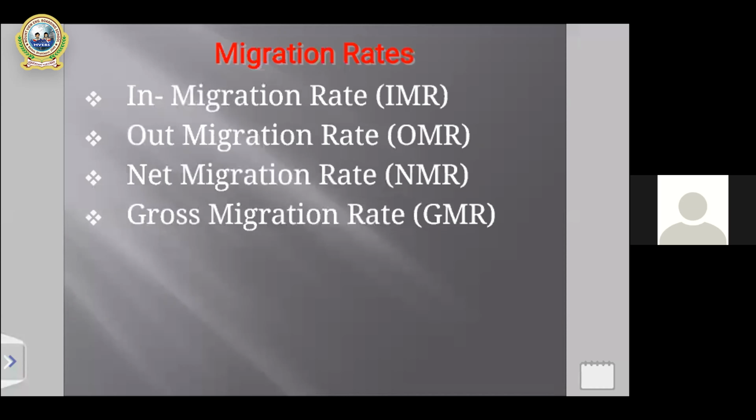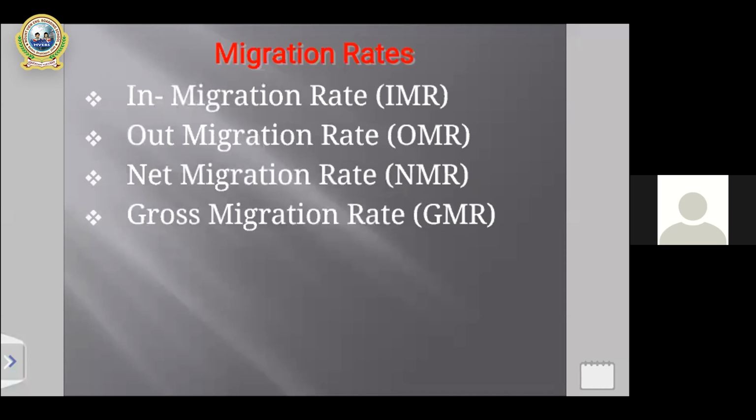On the slide, you can see the first migration rate, IMR, the in-migration rate. Second, OMR, the out-migration rate. That is, incoming population as IMR, outgoing population as OMR. The third measurement of migration rate is NMR, the net migration rate.